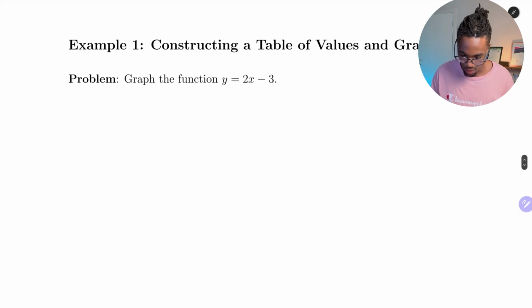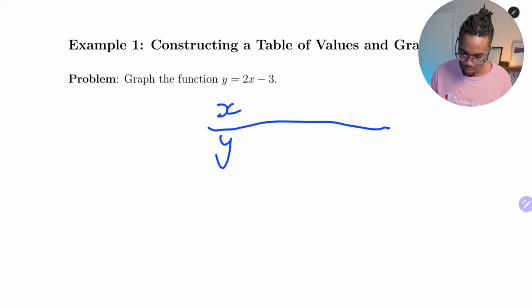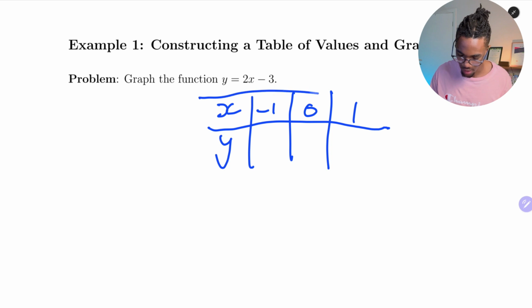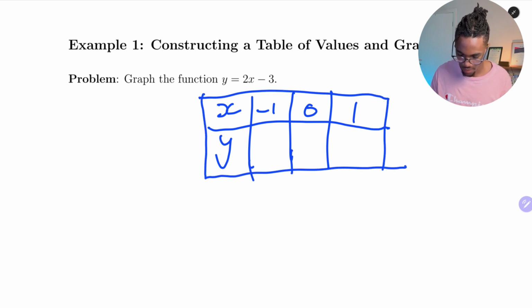All I'm going to do is draw a table of values. Usually you just need 3 points. So let's put x and y, with -1, 0, and 1 here. And then in our calculator, we just sub x for one of these values.